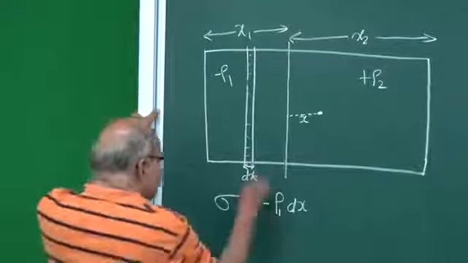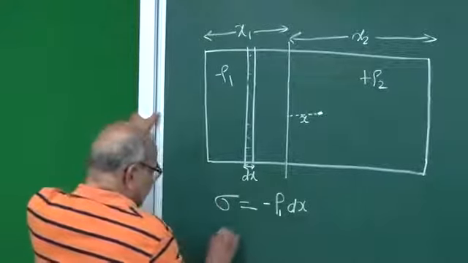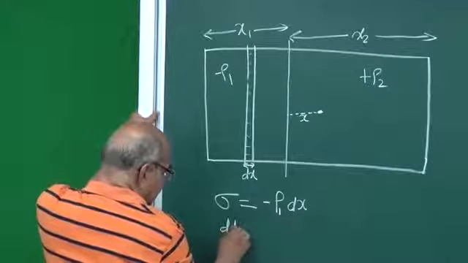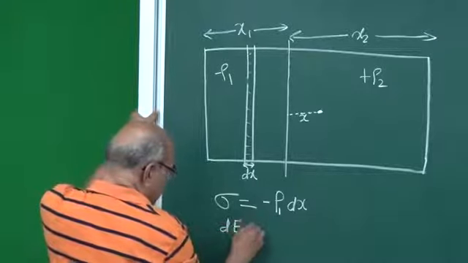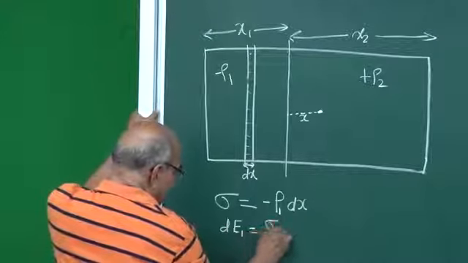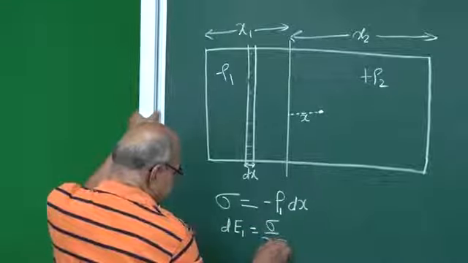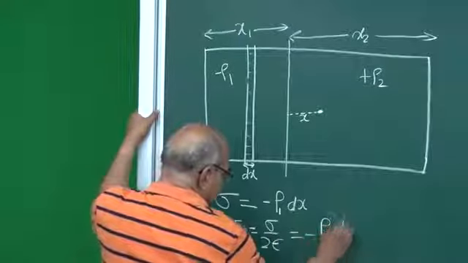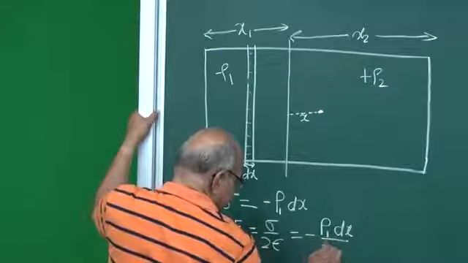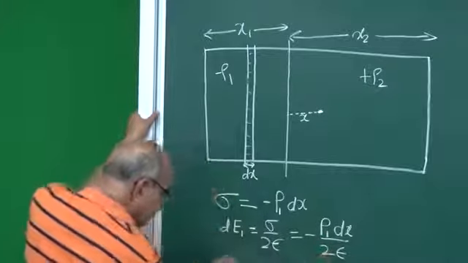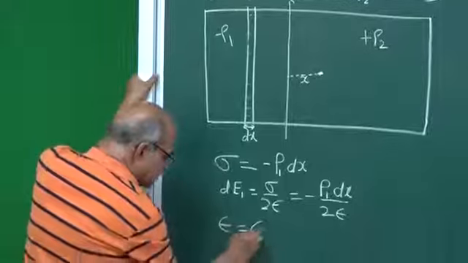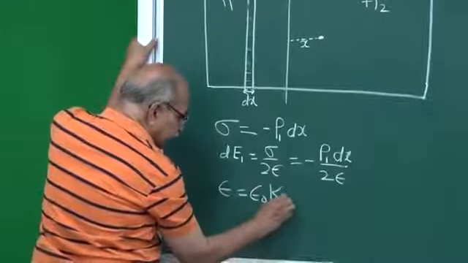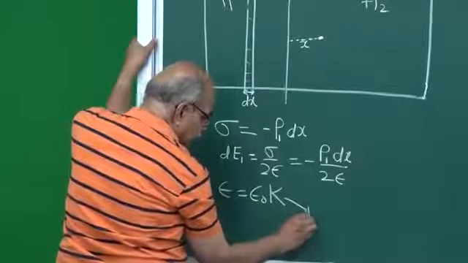So the electric field due to this, let me call it dE1, will be sigma over 2 epsilon, which is minus rho 1 dx over 2 epsilon, and this epsilon is epsilon naught times k, and this k is the dielectric constant.